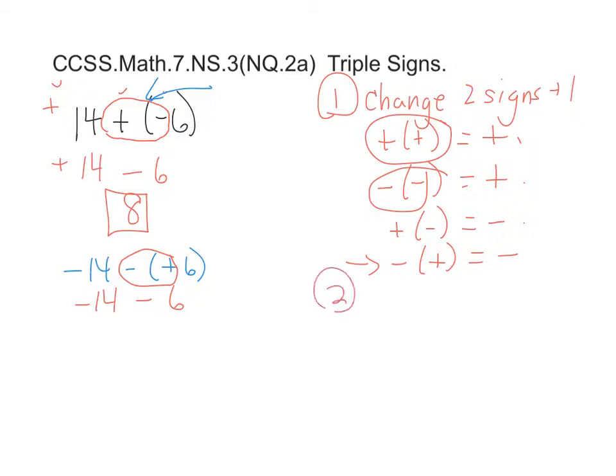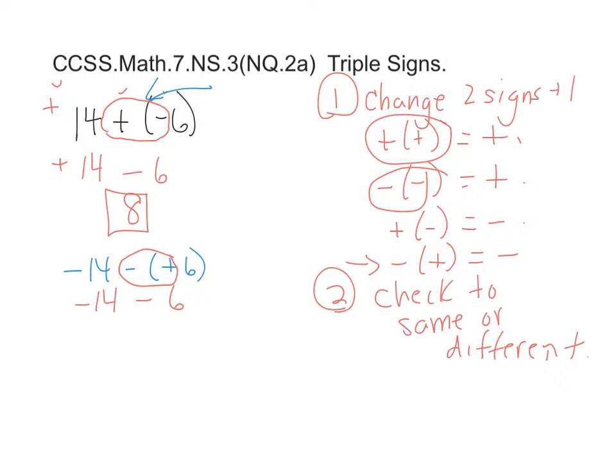All right, and the second part of that is, so we changed one sign. So the second rule for triple is check to see if it's same signs or different signs. Just like we did the video before.